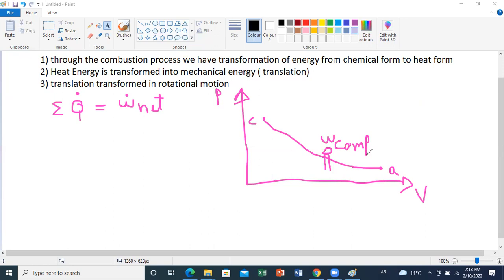You know why? Because you will use part of the work produced by expansion to do the compression work. When you operate your cycle, this cycle will be continuous, so you will have continuous motion of your crankshaft.